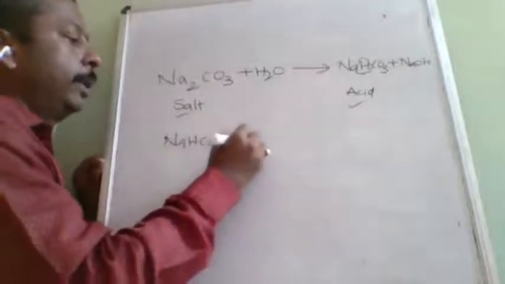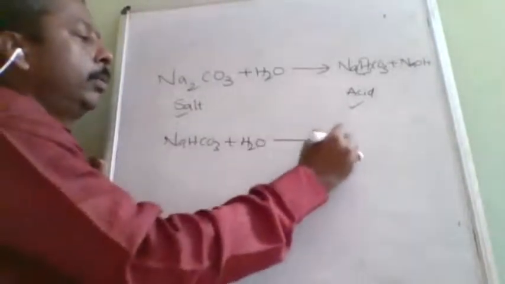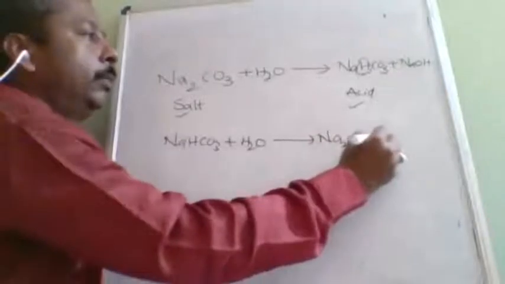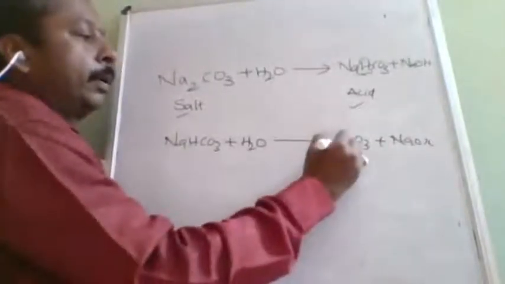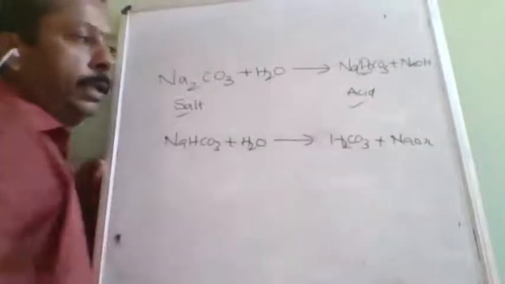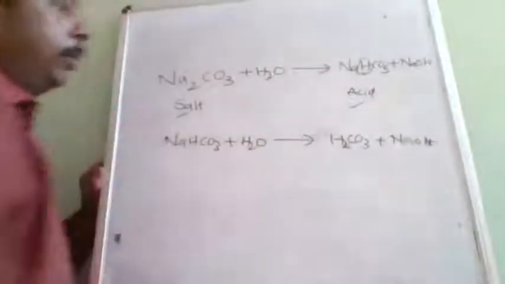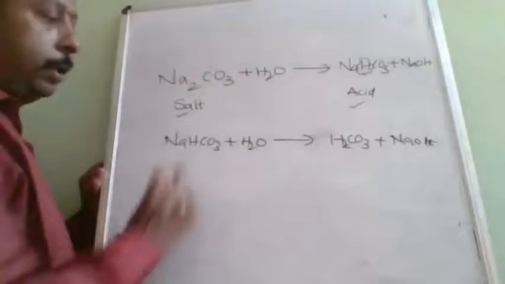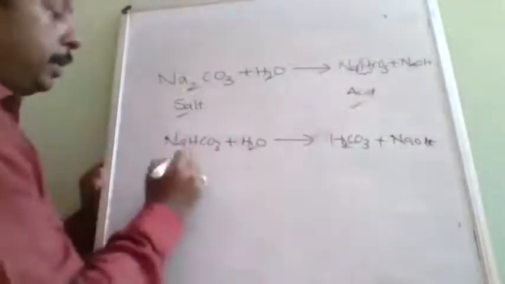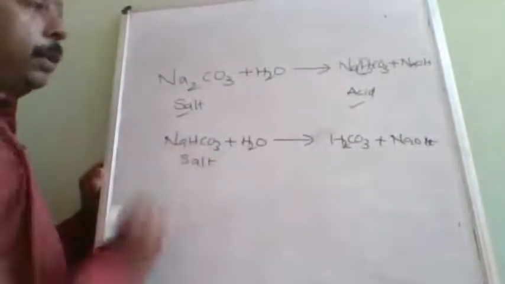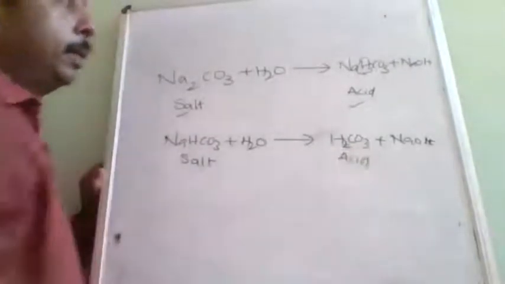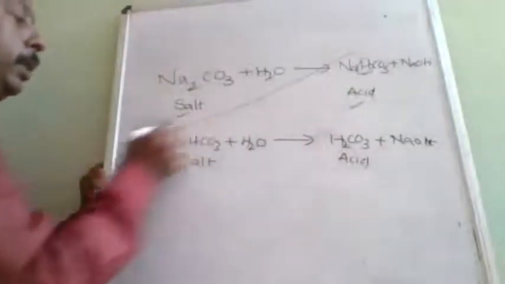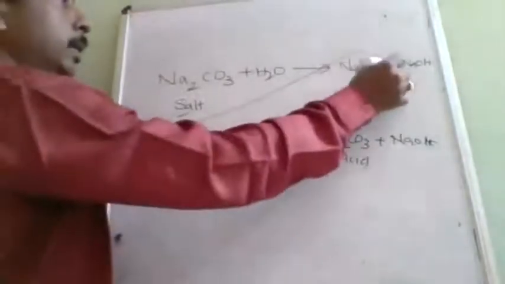NaHCO3 can further react with H2O to form Na2CO3 plus H2CO3 plus NaOH. So now which is acid and which is salt? The same species we took as acid earlier is now the salt, and here this is the acid. So the same thing can act as acid or salt.